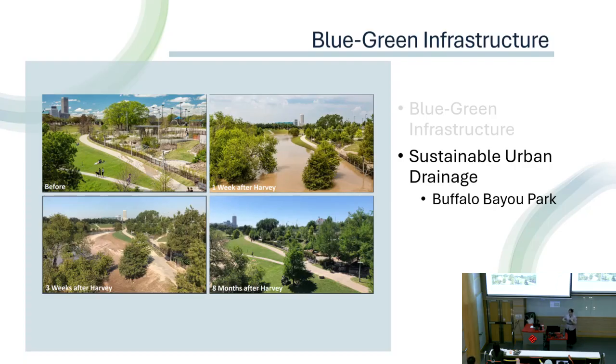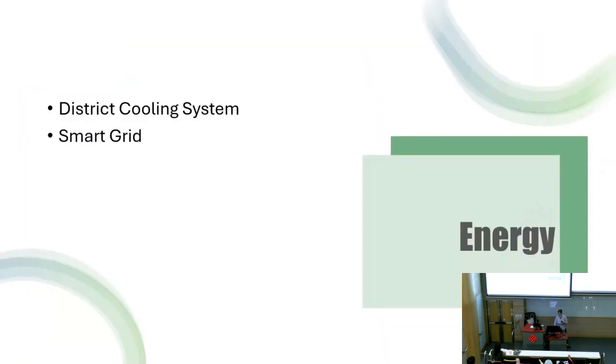They can quickly revert back to the park within, I think this was how many months? 8 months. At least within 2 months, they can actually have access. The third month, most of the things were cleaned. And then by 8 months, the vegetation came back. So it managed to function both as a place for community and as a safe location.